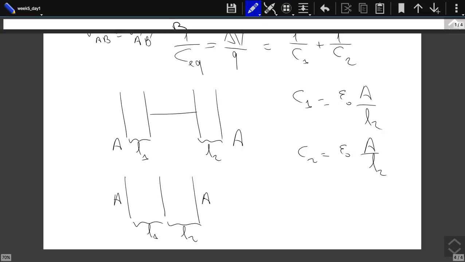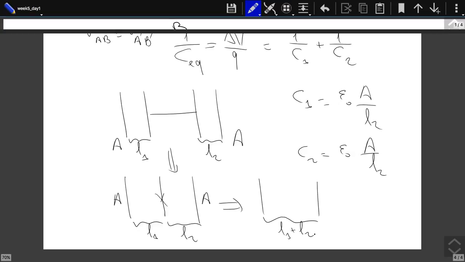A and A. And remember, the charge over here is plus Q, the charge over here is minus Q. So this one is just the sum of these two. So the charge on this one is 0. So it is as if it doesn't exist. So this is equivalent to this one, which is equivalent to this one, with the separation being L1 plus L2.